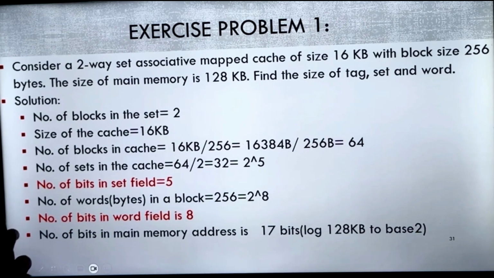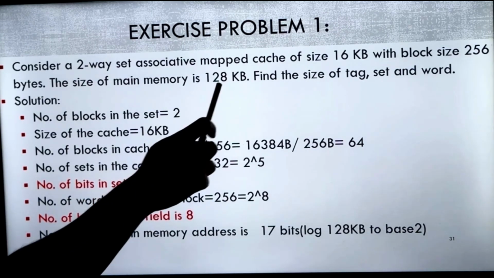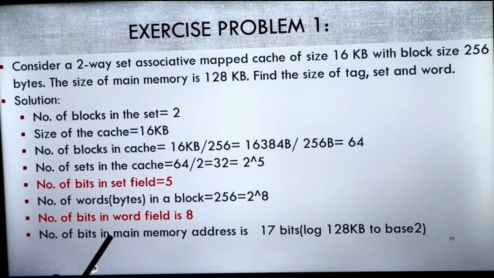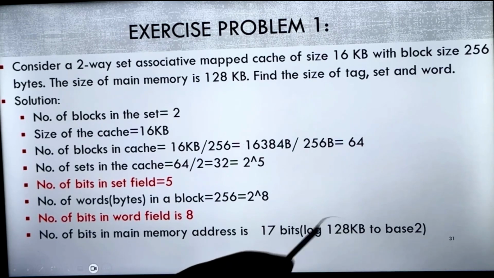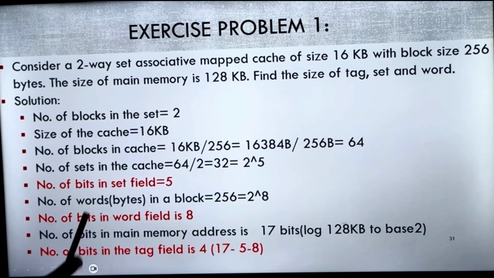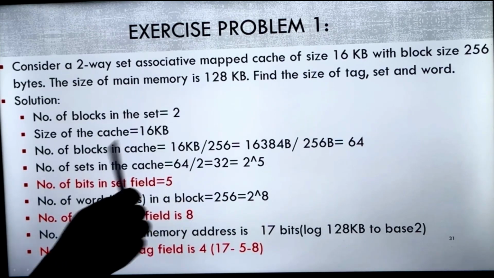The size of main memory is 128 KB, right? So if it is 128 KB, the total number of bytes will be 128 into 1024. Now to get any one of these words, how many bits do you need in the address? I need a total of 17 bits. Why 17 bits?